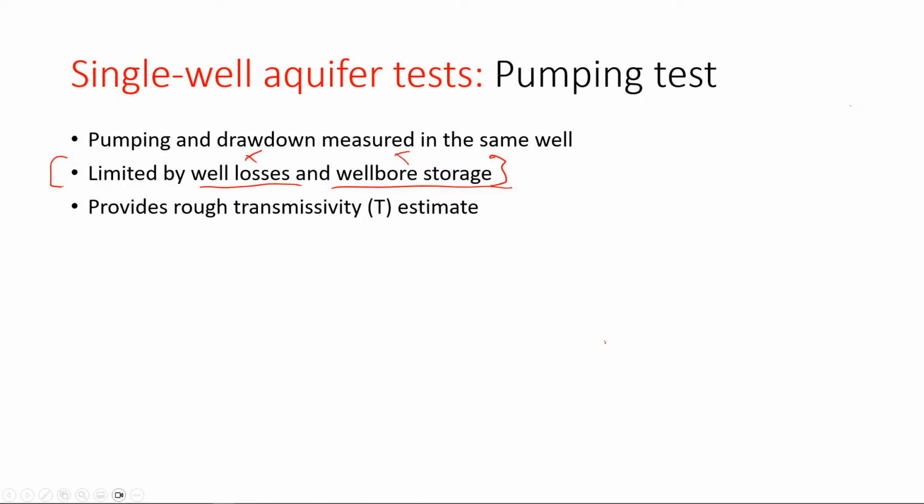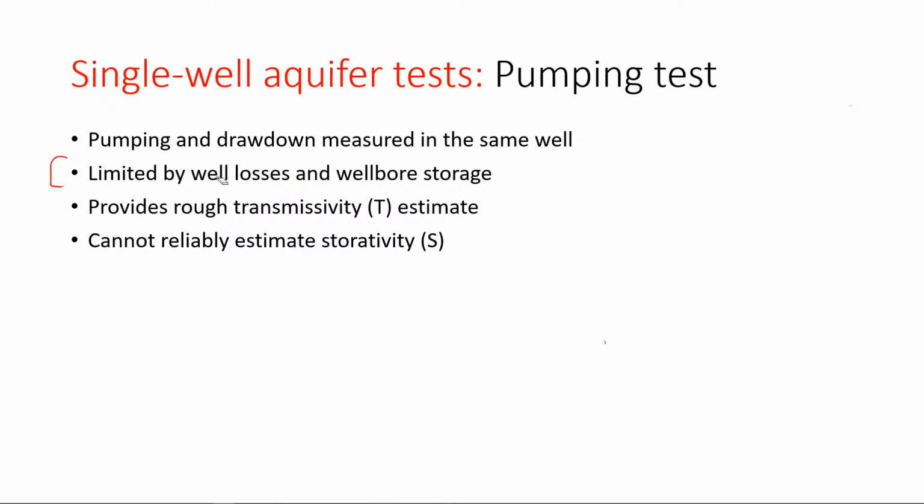But if you did, and you use software like AquiferTest Solver that can account for well loss and well bore storage, you can provide a rough estimate of transmissivity. Your estimate for storativity will not be reliable because of the well bore storage, so that could also have an impact on it.